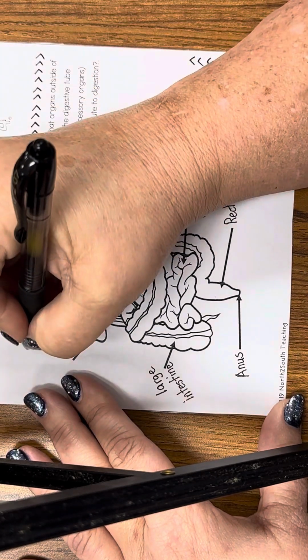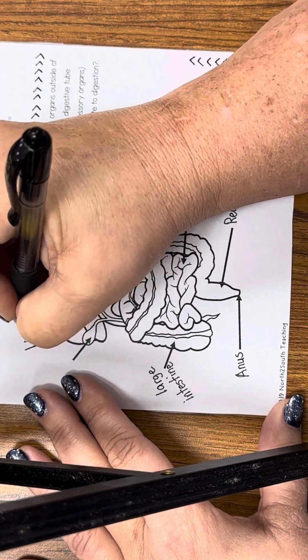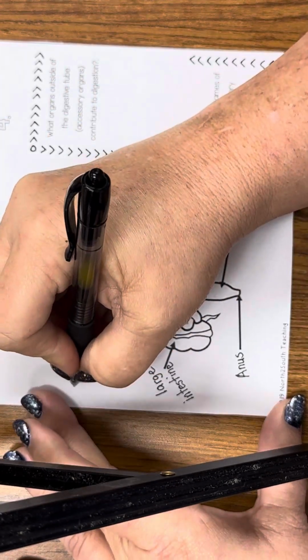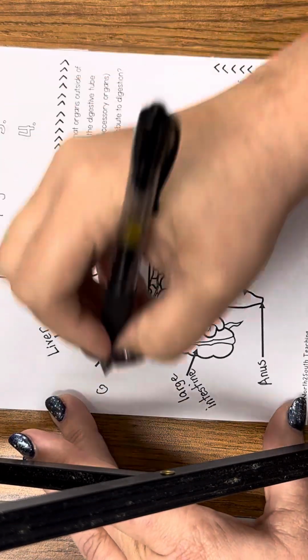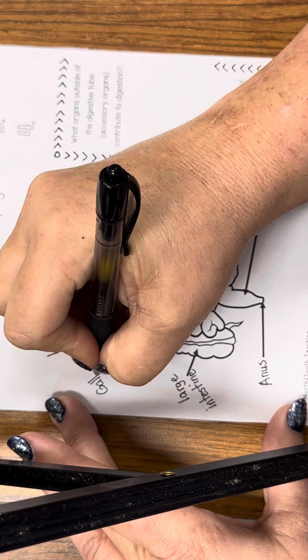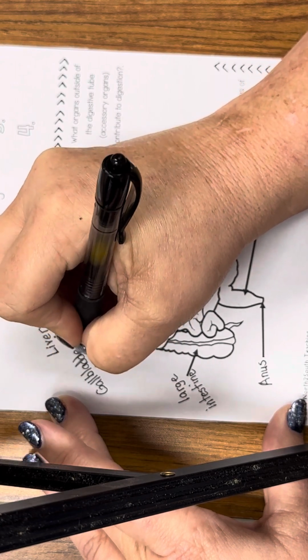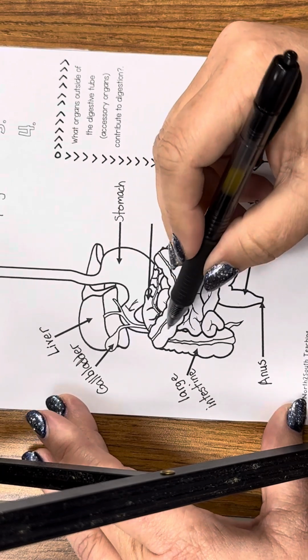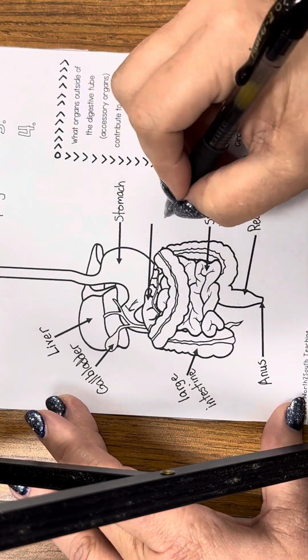So, for example, we have the liver, which makes bile, which is then stored in the gallbladder. And will get released into the small intestine. And we also have the pancreas.